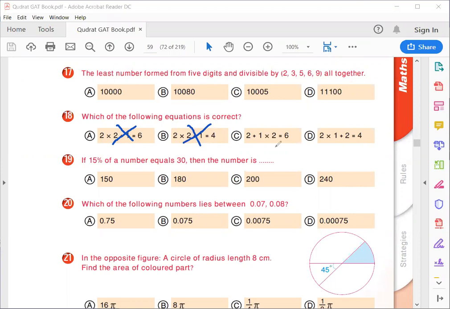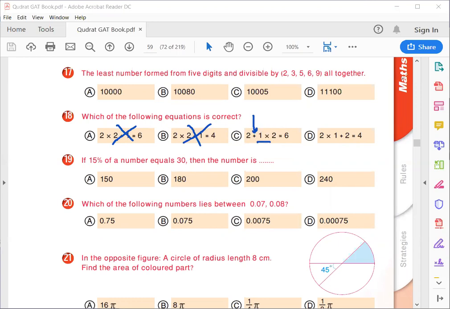Okay, try. 1 times 2, it is what? You must start with multiplication. Don't make a mistake, please. If you add first, then you get a different answer. So be careful to do the multiplication first, then you add.